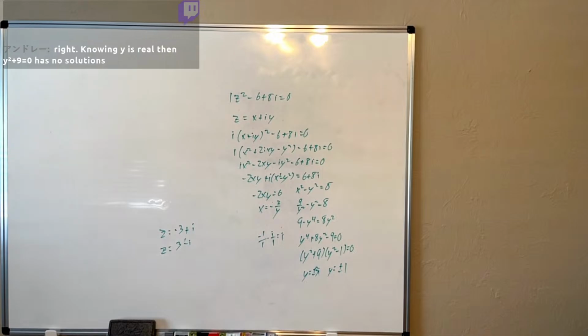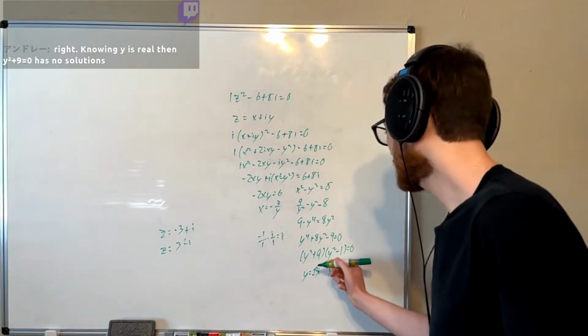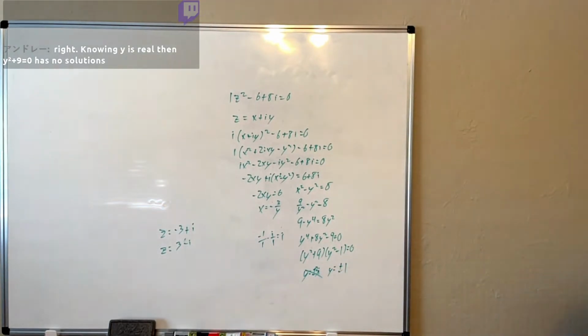No? Oh wait, it's scaled different maybe in Wolfram. I don't know. Okay, so we would eliminate those, because y is restricted to be real. Thank you for that, Anders. But is it because I did the sub different?